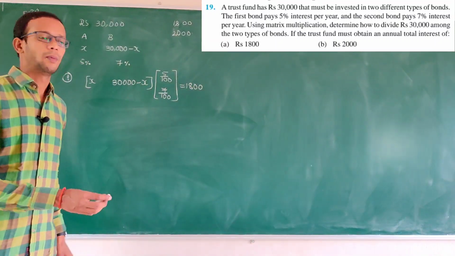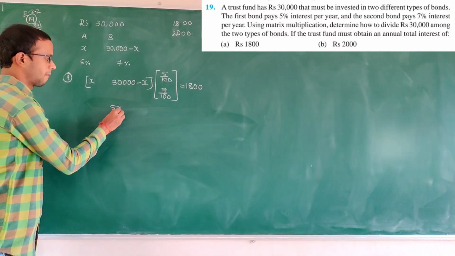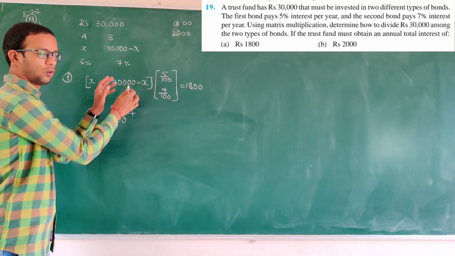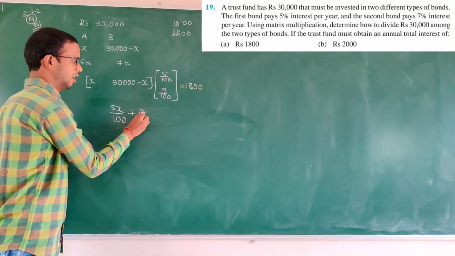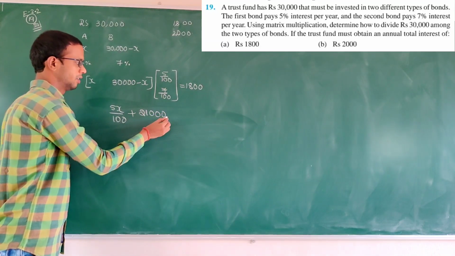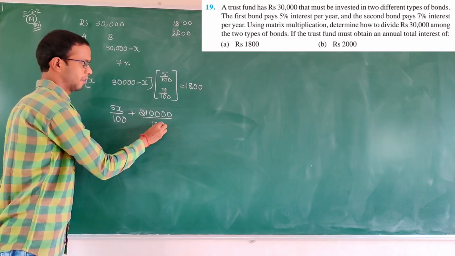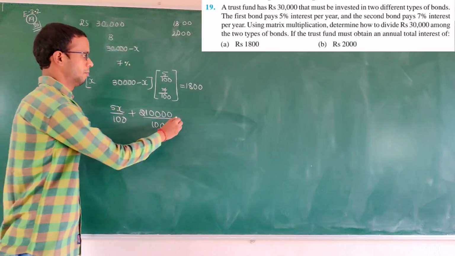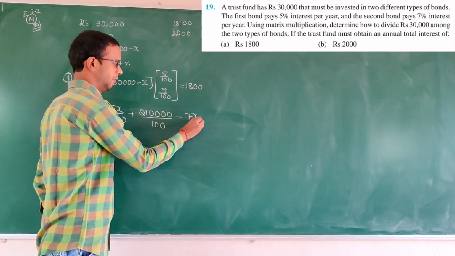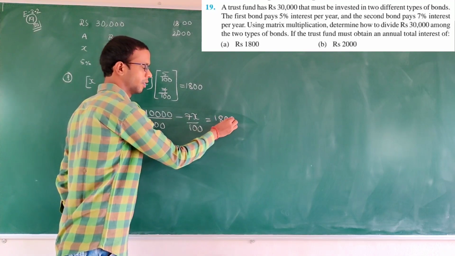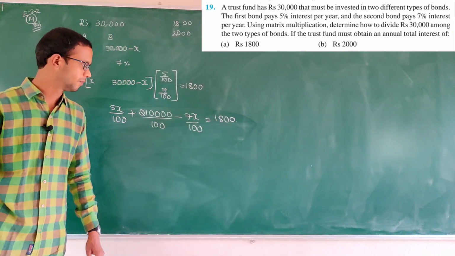Now use the matrix multiplication. 5x by 100 plus 7 3s are 21, 0000 by 100 minus 7x by 100 is equal to 1800.